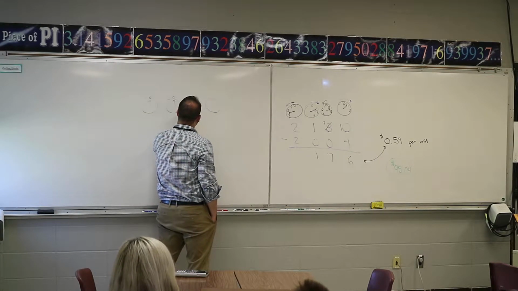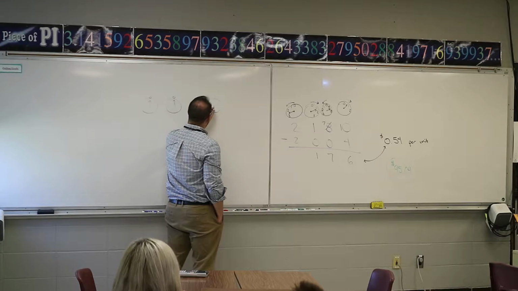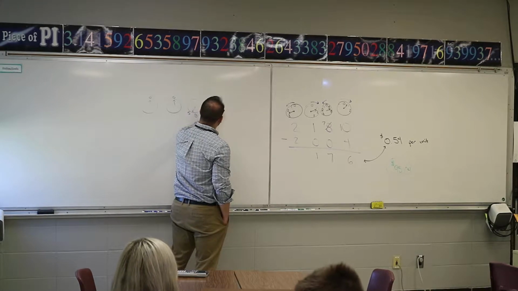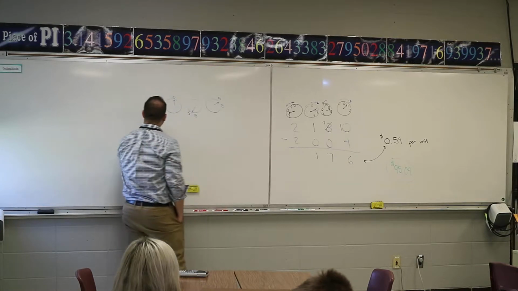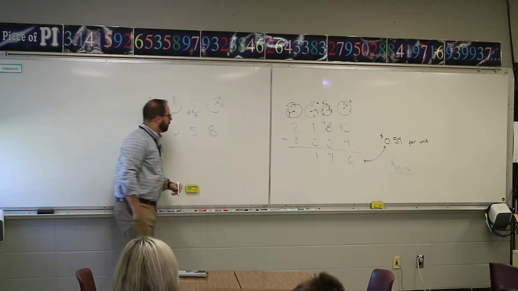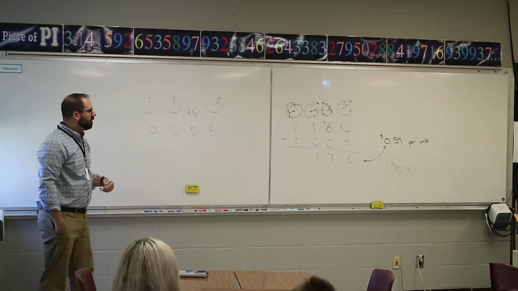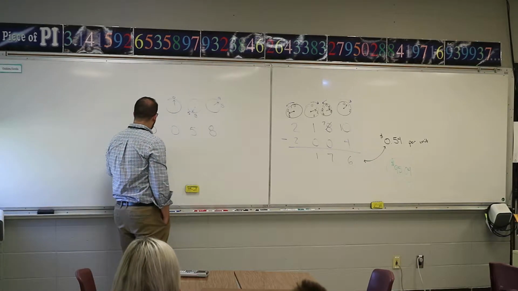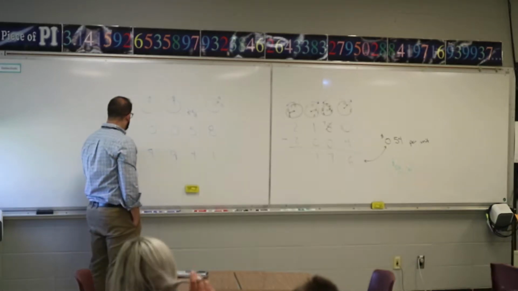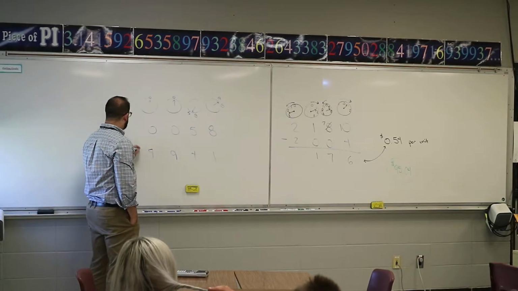Maybe it was between 5 and 6, and this one is between 8 and 9. So when you read the dial off, this is where we're sitting. But at the beginning of the month, you read your dial, and it was this. This was the beginning of the month. This was the end.